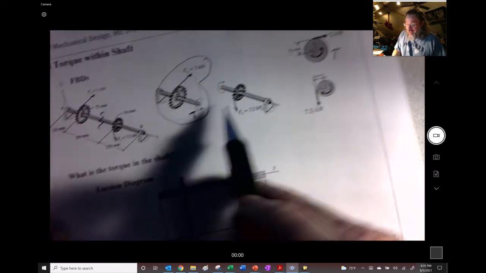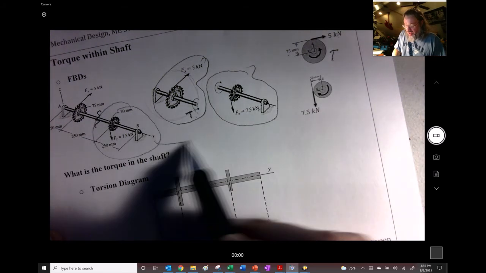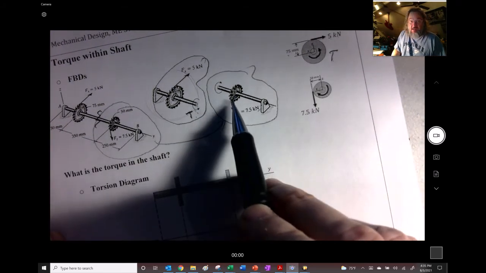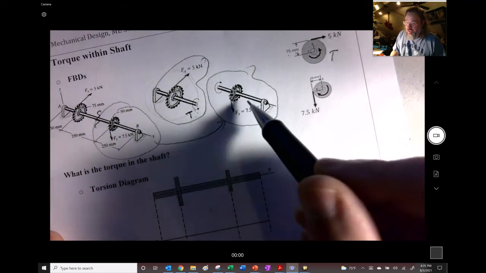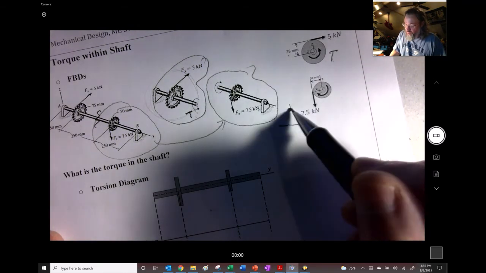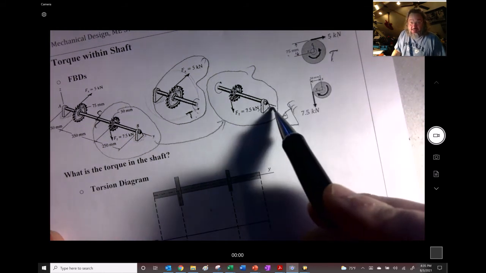But equal and opposite, I could also have taken this other spot right there, taken a free body diagram and cut it there. The best way I think to look at it is to look down from the axis of the shaft.